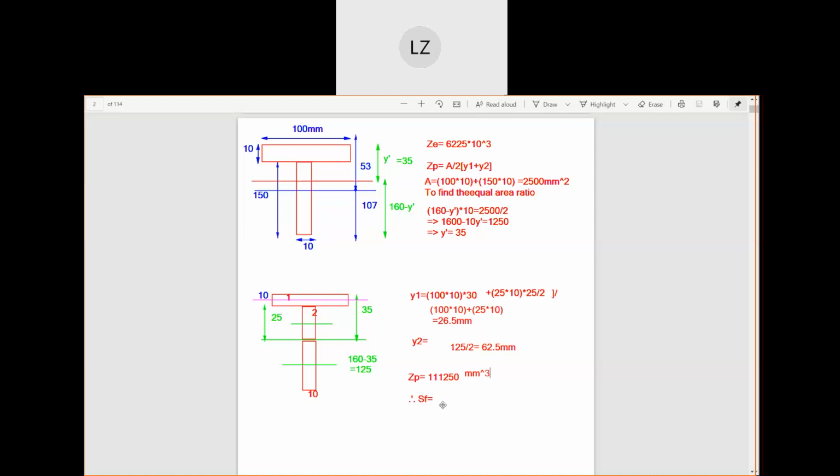We are now doing the shape factor of the T section, right? It will be easy for you. You can find out the shape factor of any I section. The I section is symmetrical. This one was a little different, unsymmetrical. That's why I showed you this one. For the I section, you will be able to find out the shape factor.